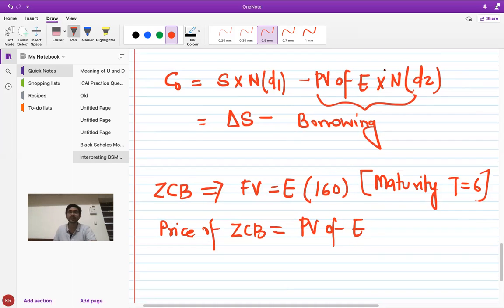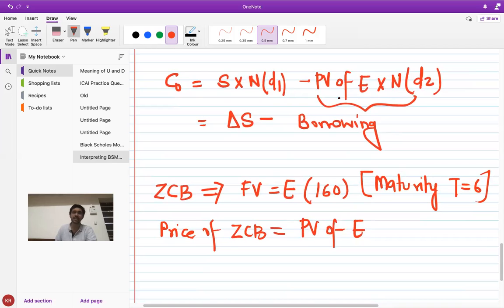And what it is saying is you buy delta shares by short selling. Remember, when you're investing in a zero coupon bond, you're lending money. When you short sell a zero coupon bond, you're borrowing money, because when you short sell, you receive money, right? So short selling a zero coupon bond is equivalent to borrowing.